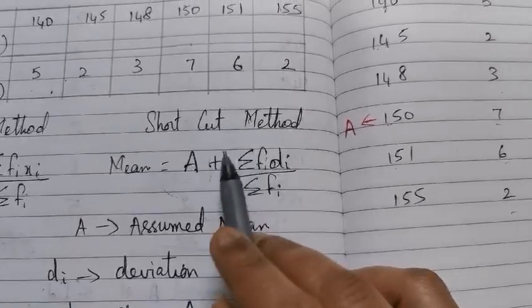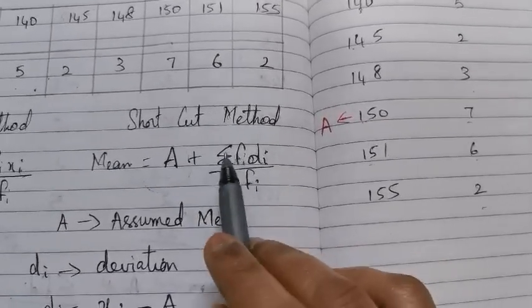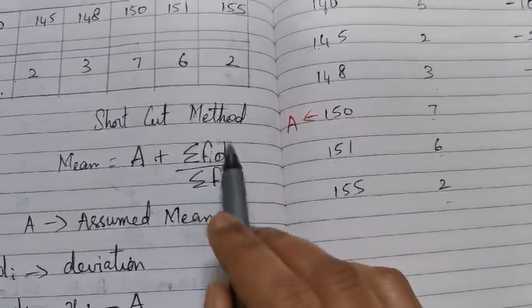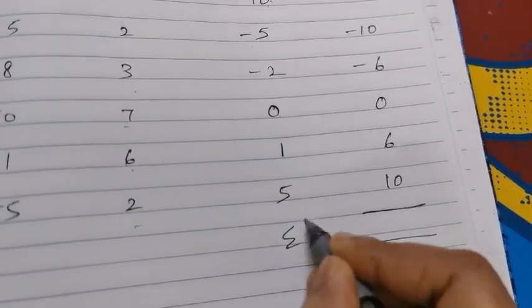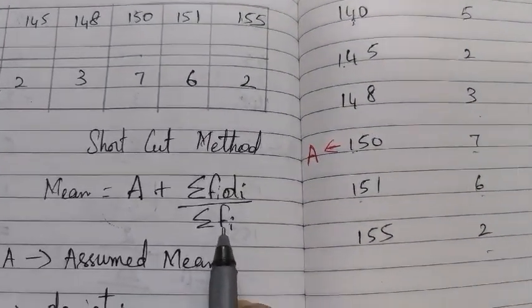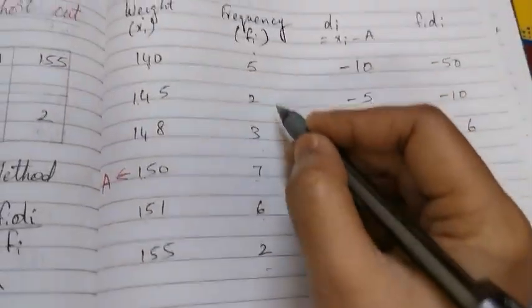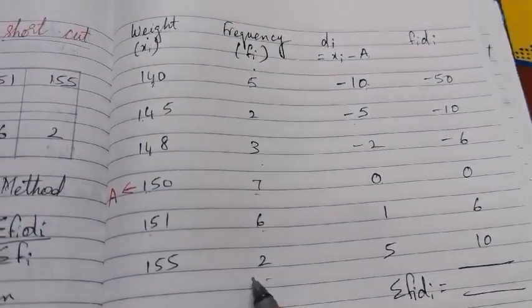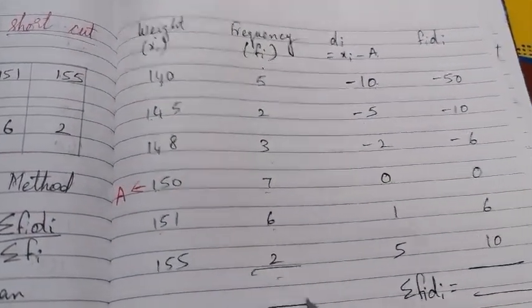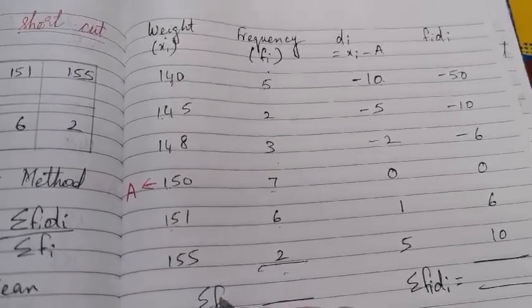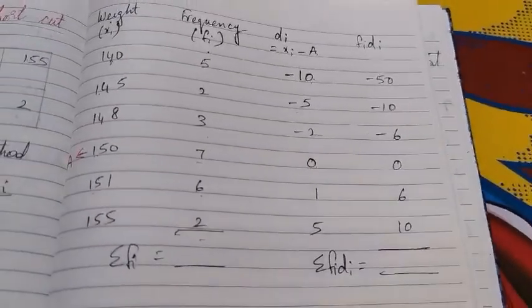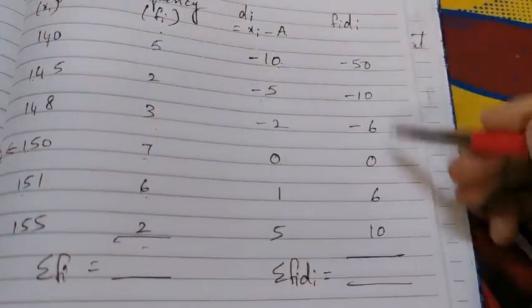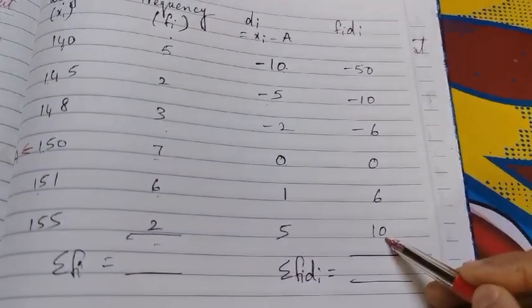Now the next I have to do summation. Summation means you will add the values in this column. Now when I add, I will get my summation fi di. Next in my denominator I have sum of frequency. So this is my frequency column. So I will add my frequency column also to get summation fi. Okay. Now when I add, if you look here, you have a negative 10 value and a positive 10.